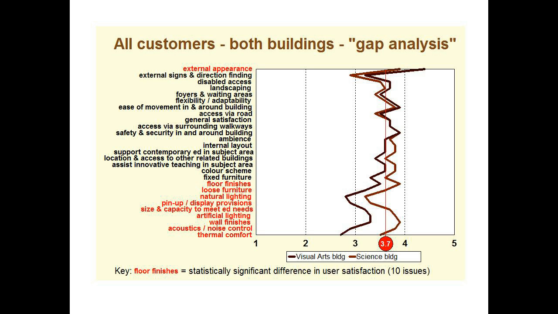Now again, if we look at the same data coming back on the Likert scale 1 to 5, we can do a gap analysis too, and from this we can consider what are those issues where we're really finding some major differences in the buildings. Again, it's thermal comfort, noise, artificial lighting, size and capacity to meet needs.